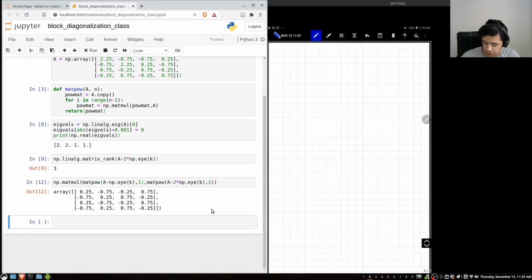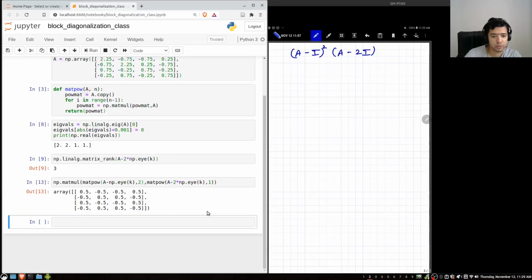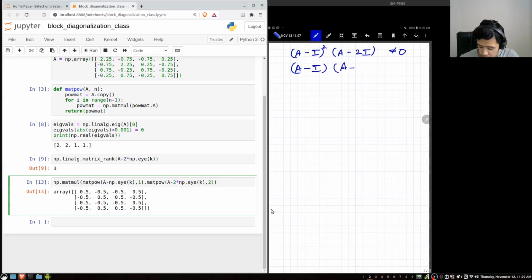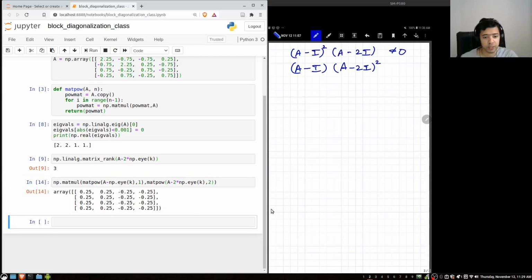Let's next compute A minus I the whole square times A minus 2I. This is also not equal to 0. Let's look at A minus I times A minus 2I the whole squared. This is also not equal to 0.